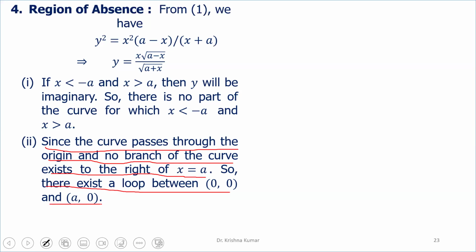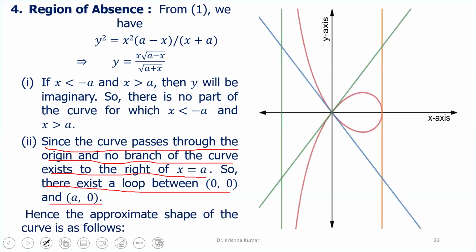This is a very important point. So let me trace the curve, then it will be very clear how to trace it. The first thing: y equal to x is the first tangent at the origin. y equal to minus x is the second tangent at the origin.